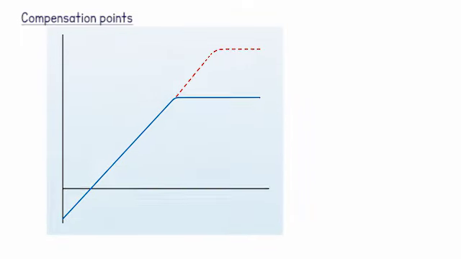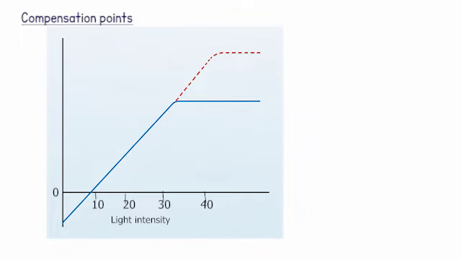So from this graph, you can see that as light intensity is gradually increased from 0, the rate of photosynthesis increases and more carbon dioxide is absorbed by the plant, and oxygen and glucose are also made during photosynthesis, and these are used by the same plant during respiration, and therefore the rate of respiration also increases.